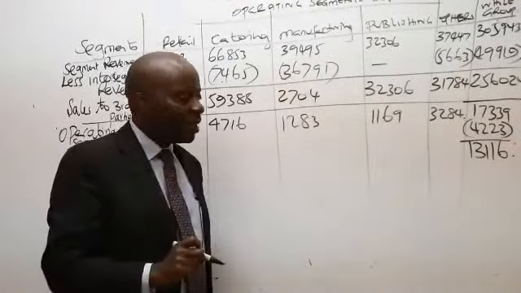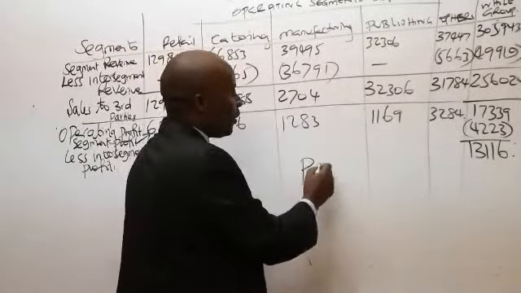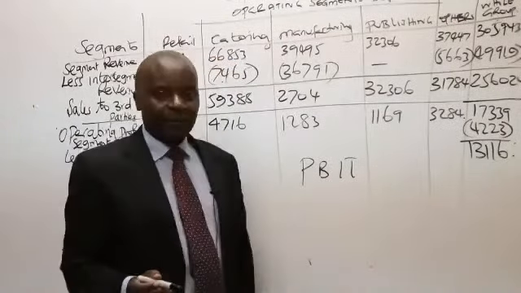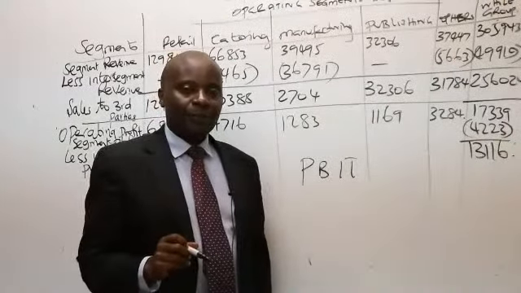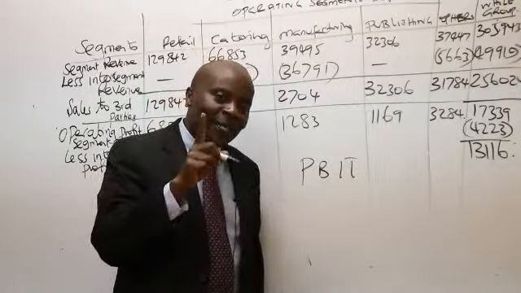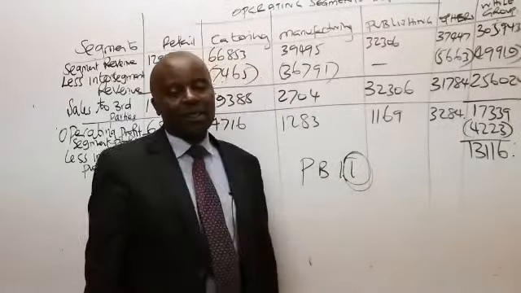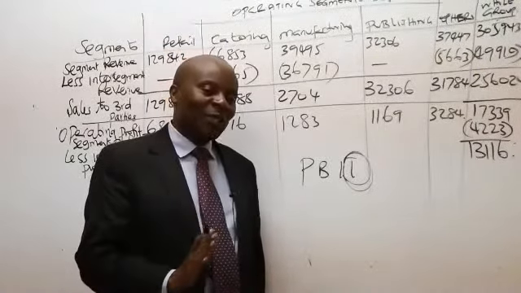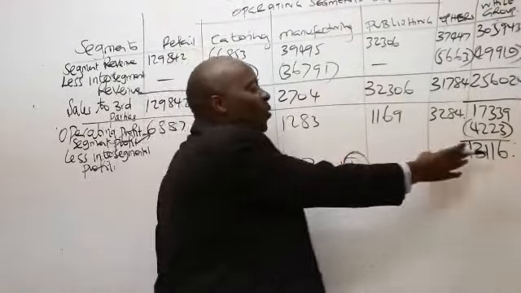So now here is the catchword, and this is what makes so many students not get this concept rightly. When we talk of operating profit, it is supposed to be profit before what? Interest and what? Tax, generally. Profit before interest and tax. Remember, in segment reporting, we are never interested in taxation. The only profit that you want to showcase for segmental reporting is the total profit before tax.